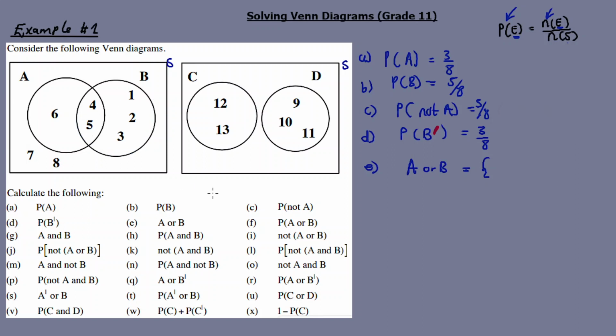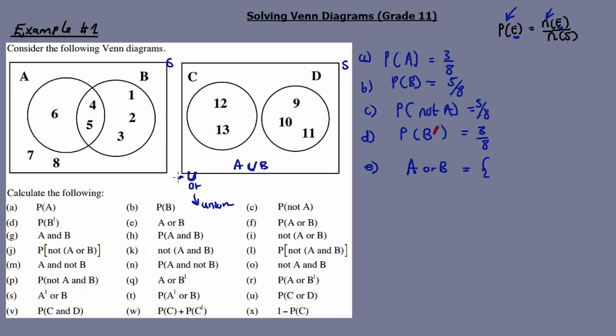Alright, just a quick recap. OR stands for union. Another symbol for OR, instead of saying OR, we just use U. This symbol means you can write it as A or B, like this, right?